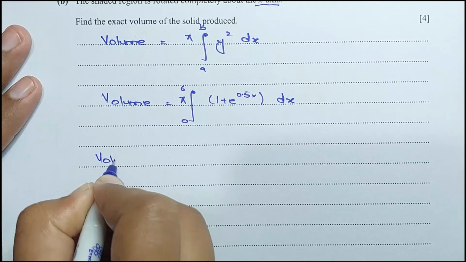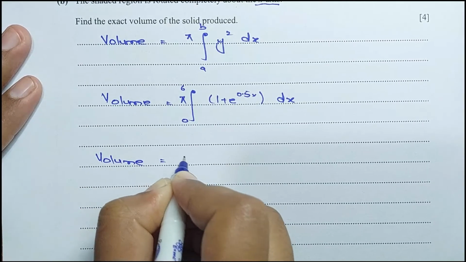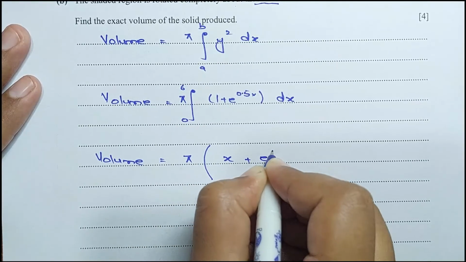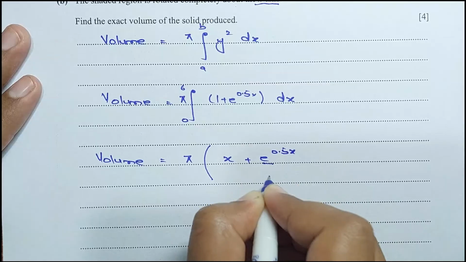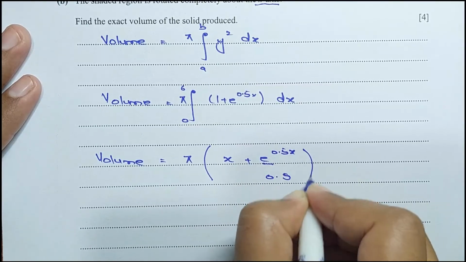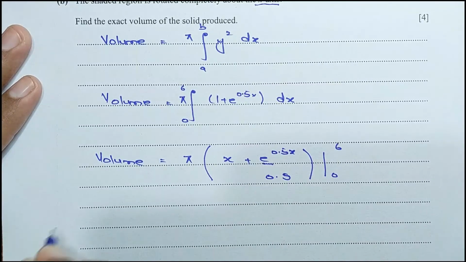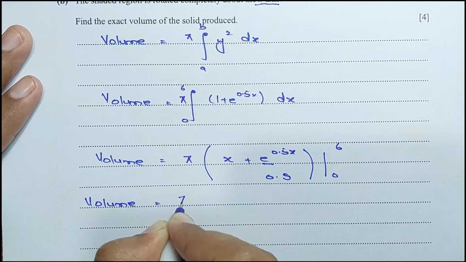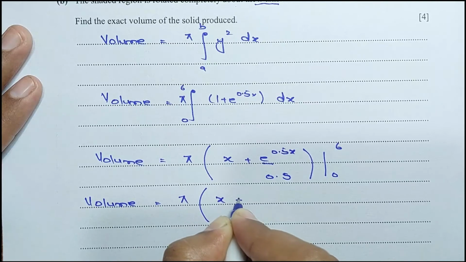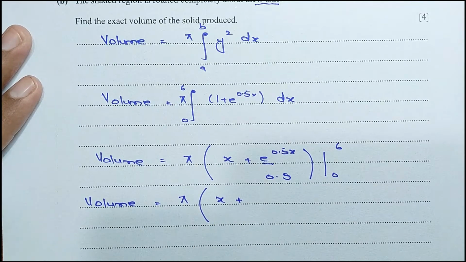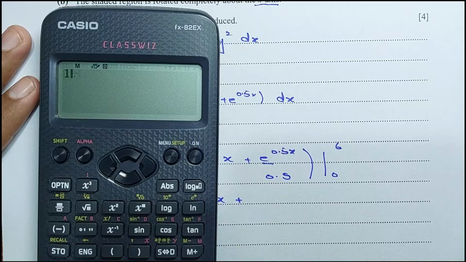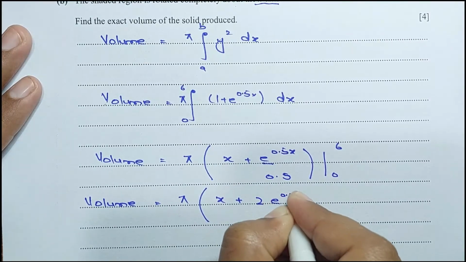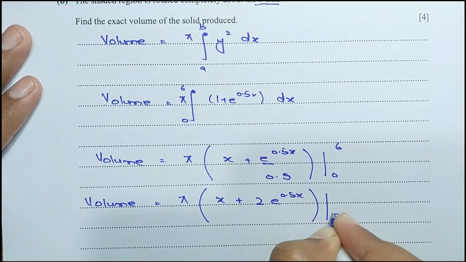So volume is equal to pi outside, integration of 1 is x, e to the power 0.5x divided by 0.5, from 0 to 6. So now volume is equal to pi times x plus 1 over 0.5, which is, I guess, 2 e power 0.5x, from 0 to 6.